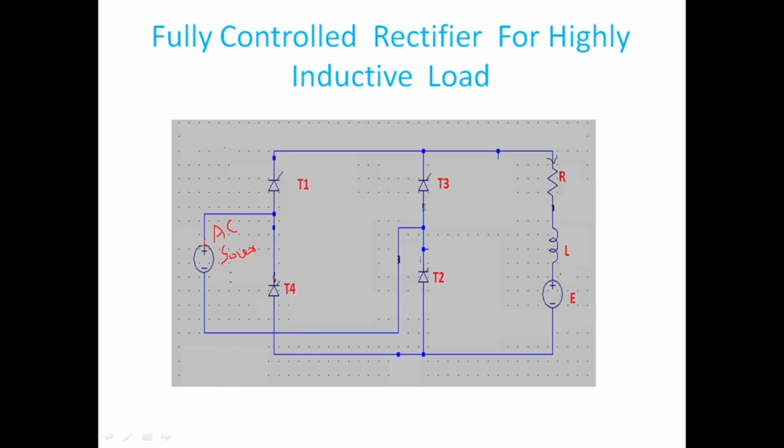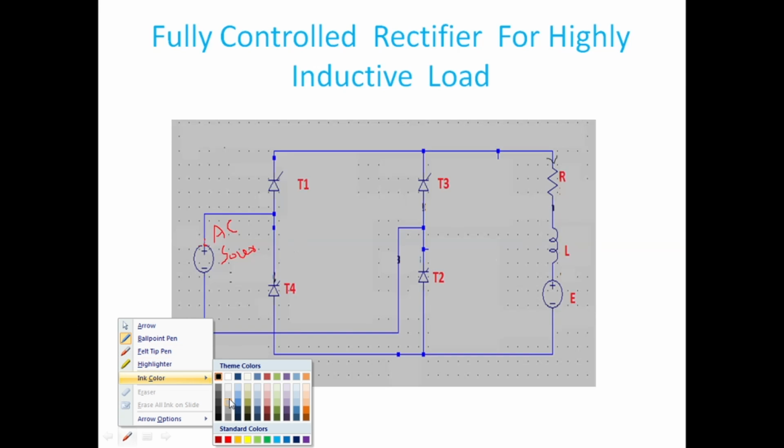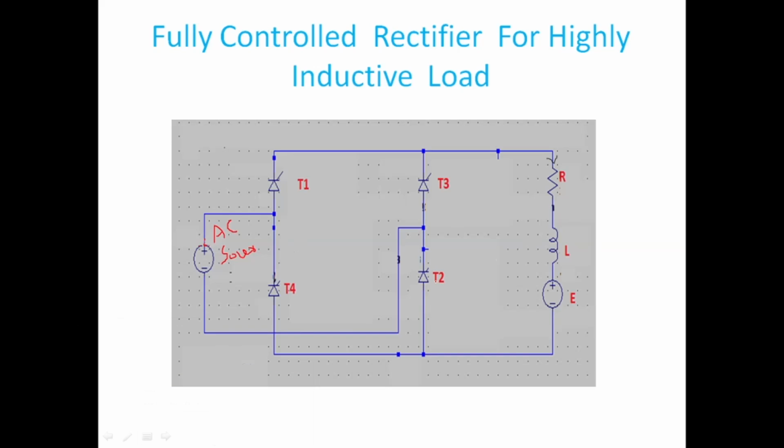Load current arrow. This load current arrow, as I have shown here, is like this. And this is the source current.